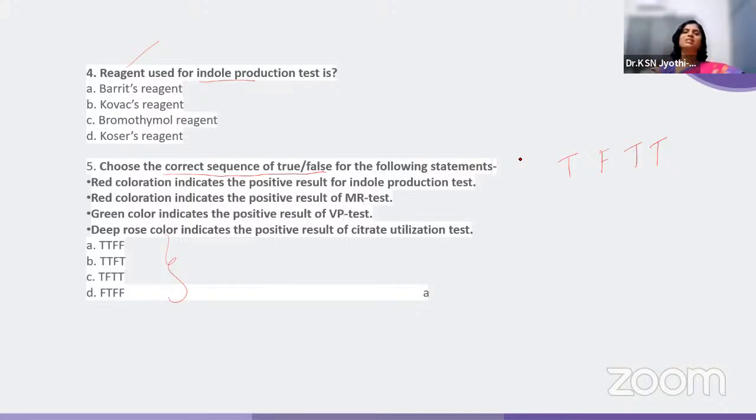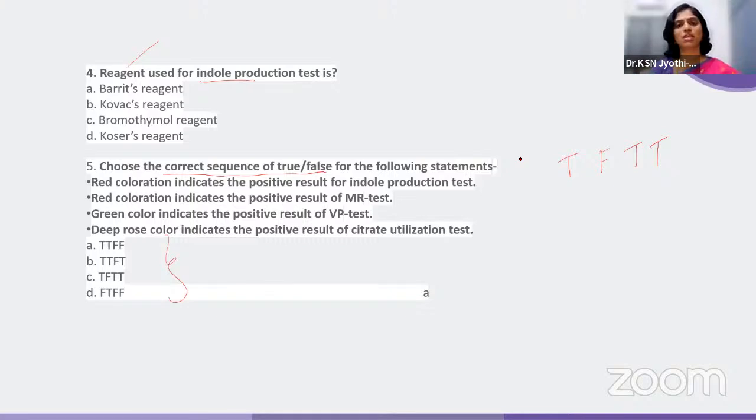Apart from that, various other tests depending upon the ability of the bacteria to convert nitrates, sulfur, hydrogen sulfide, hydrogen peroxide. You can do any of these tests to detect the bacteria. All this identification of bacteria is a crucial step for diagnostic purposes, for research laboratory studies, and also for general practical analysis, because when you are handling microorganisms, you should know whether they are pathogenic or non-pathogenic.